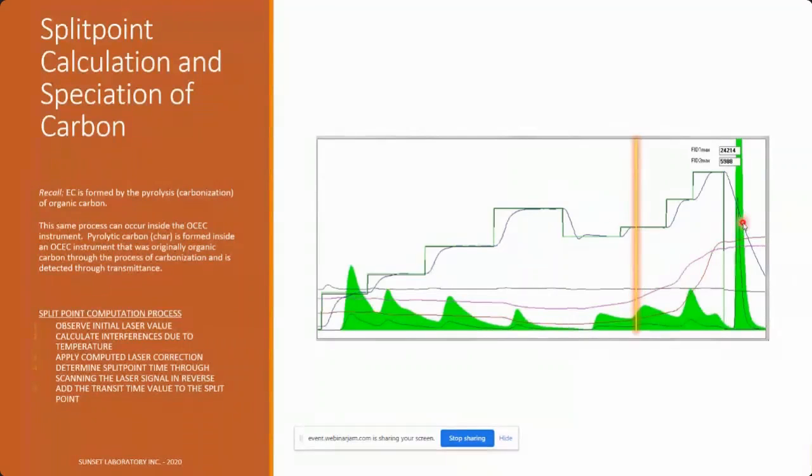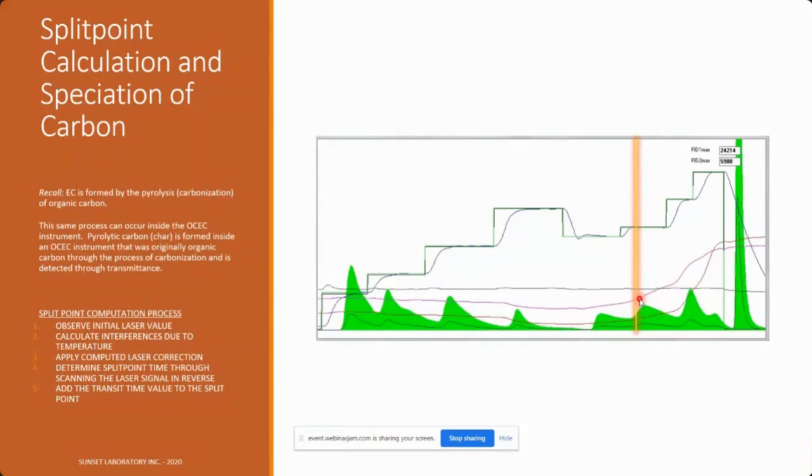There are some temperature interferences that occur with the laser, and we have algorithms and calculations that account for this. We apply these corrections to the laser, and then we determine that split point, and then there's a transit time that has to be applied to the laser too.